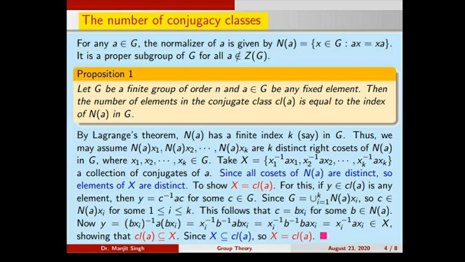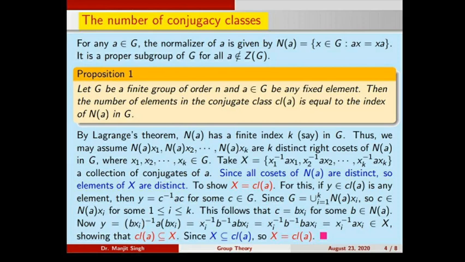In fact, first of all, we introduce the normalizer of an element. You can see that if an element belongs to the center, then the normalizer of that element will coincide with the group. Okay, so it is very obvious that we are considering the normalizer of those elements which are not in the center of the group.